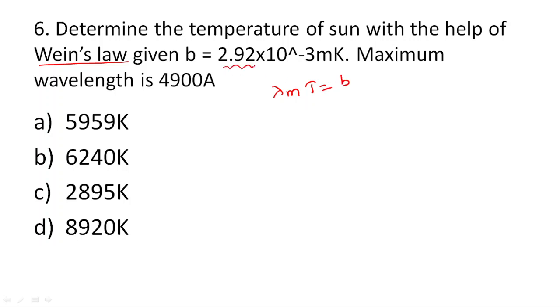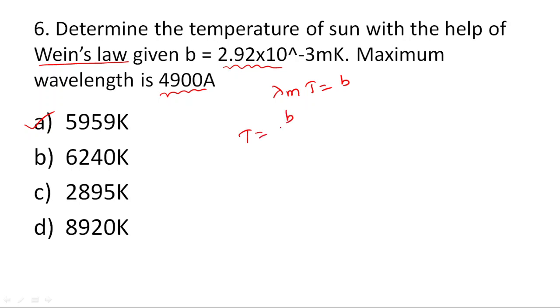B is approximately equal to 3, and the wavelength is around 5,000, so the answer is in and around 6,000 Kelvin. The option will be option A, around 6,000, that is 5,900 or 5,970 or 6,000. With differences of about 10 to 100 Kelvin, we get the answer in and around 6,000. Anyhow, we have to calculate the temperature.